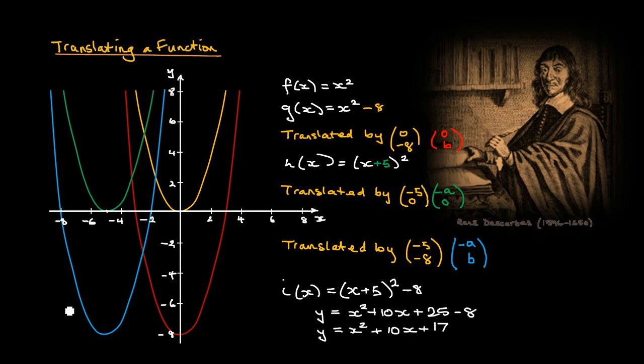So the polynomial equation for this line must be y equals x squared plus 10x plus 17.